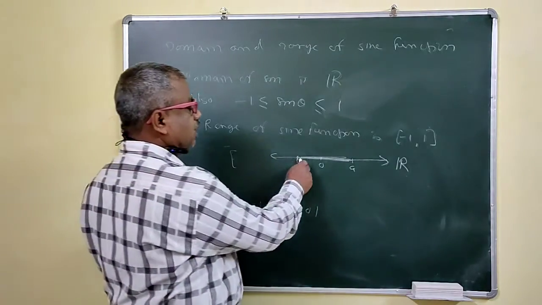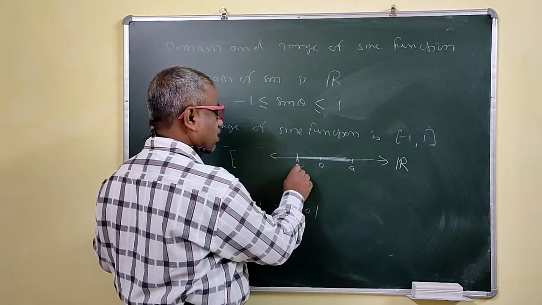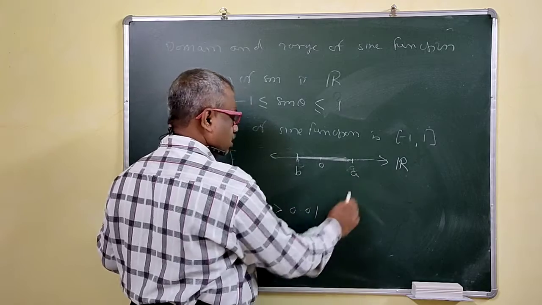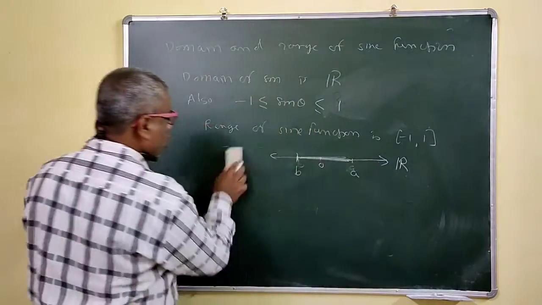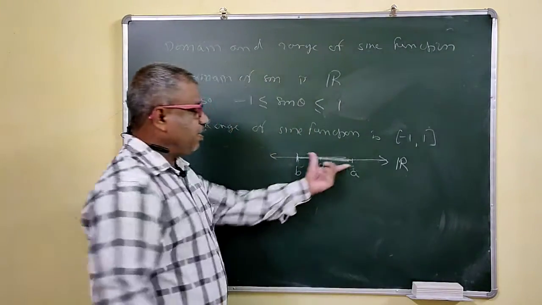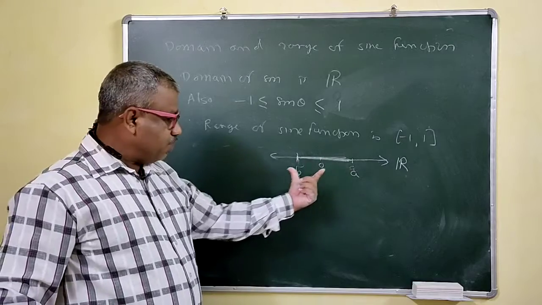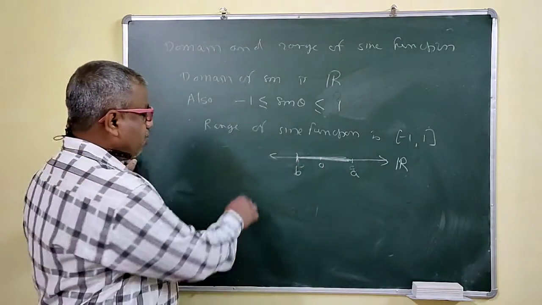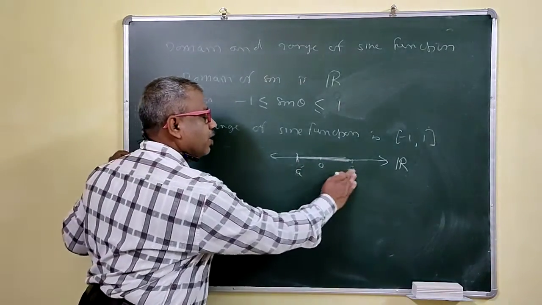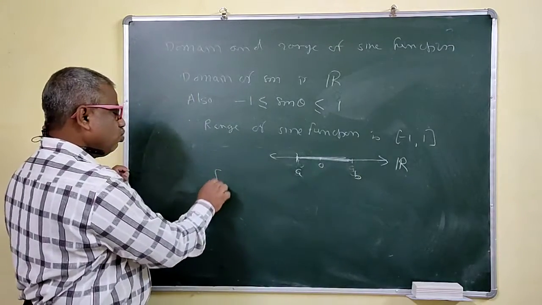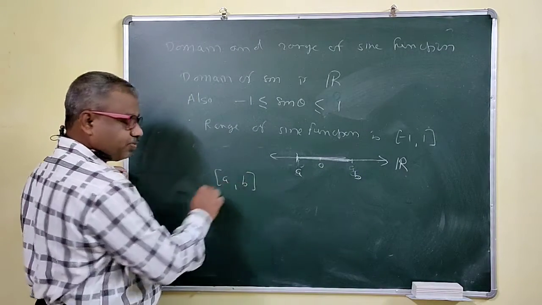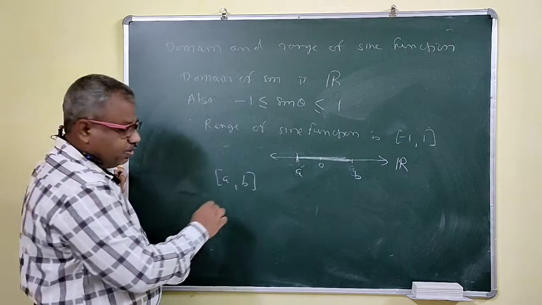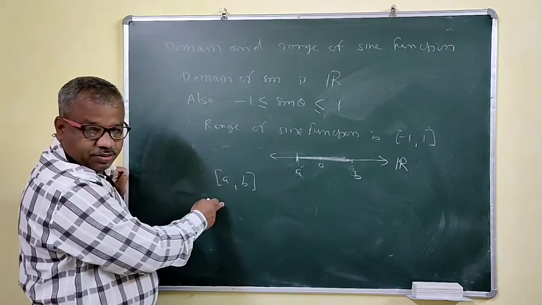So that means the set of all. See, this point is real number B. This is real number A. Now if you want to take all the real numbers lying between A and B, how do we write this? We write here A, we write here B. So we write A, B. This is closed interval AB. So this is not a 2 point, right?